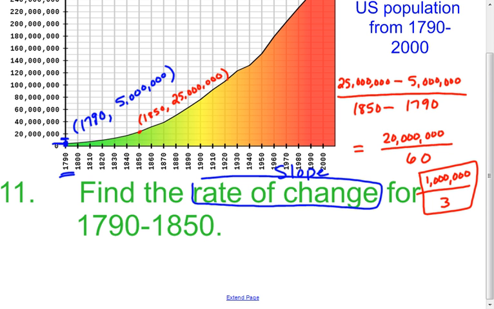On the top, remember, we put our populations. On the bottom, we put our years. So what that really means is that the population grows. It's a positive number, so I know that it's growing by 1 million people approximately every 3 years. That's what that means.